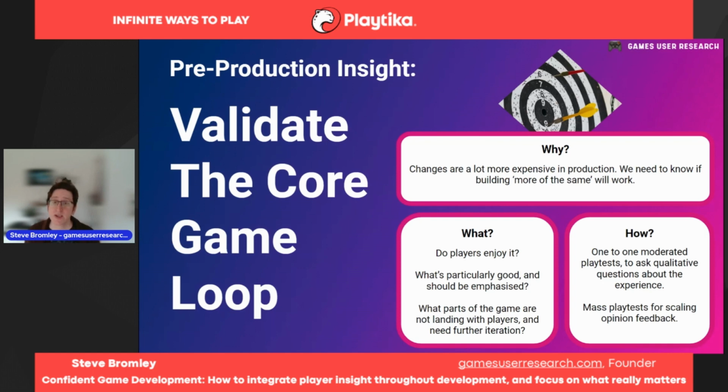Again, that type of small-scale qualitative feedback is where you get the real detail and the real depth from this. But you might want to build on that, particularly if it's a risky proposition that you're exploring, to see how representative the feedback you're getting from your qualitative sessions is. And that's when you might look to mass play test, that idea of getting lots of people to play through the core loop.